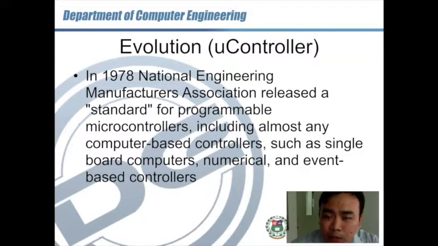And for the purpose of controlling systems, they came up with a standard for a programmable microcontroller that controls systems, such as not-so-complicated systems to control. Let's say, for example, an air conditioning unit or a cruise control of a car, and other similar devices.